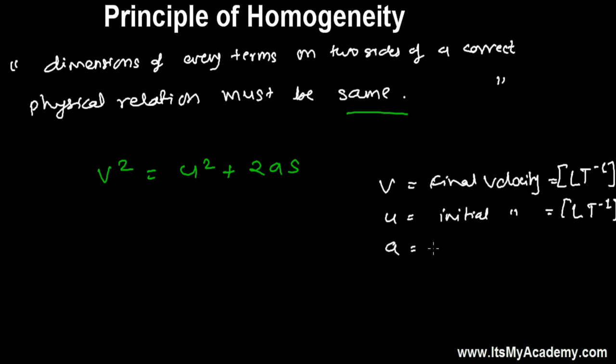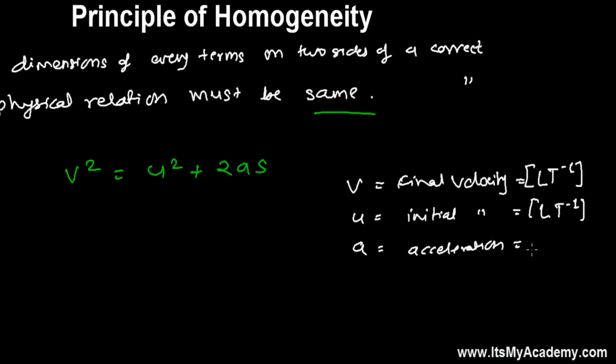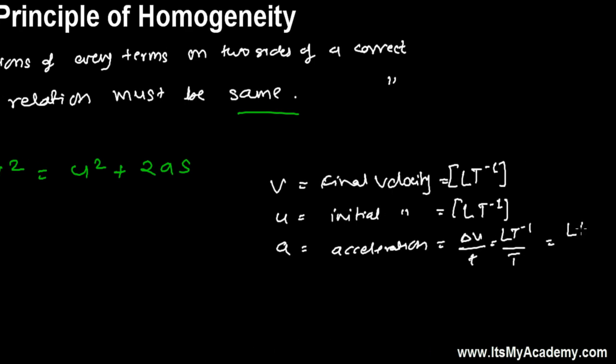And a represents acceleration, which is change in velocity over time, that's LT^-1 divided by time, so it's going to be LT^-2. And s represents displacement, so the dimensional formula is L.